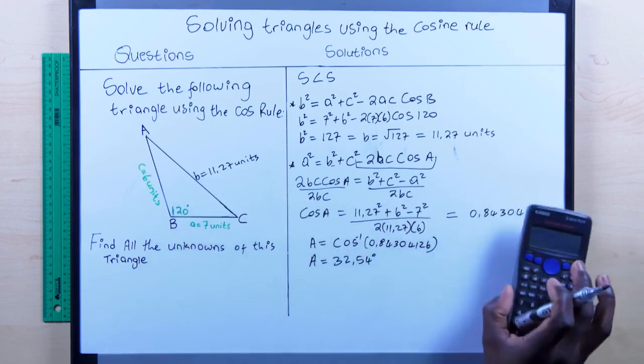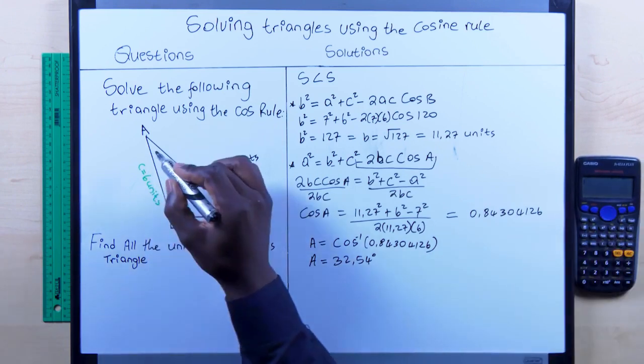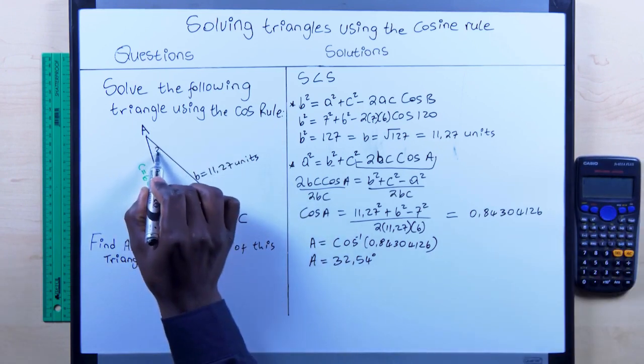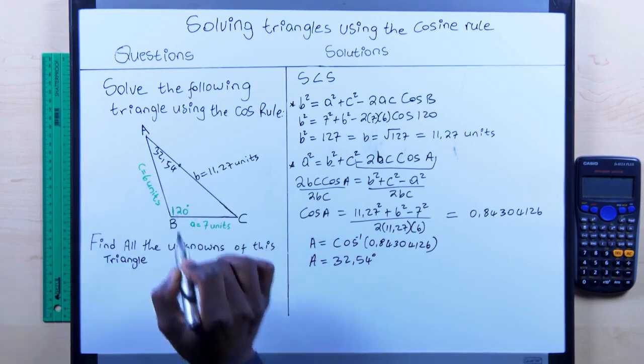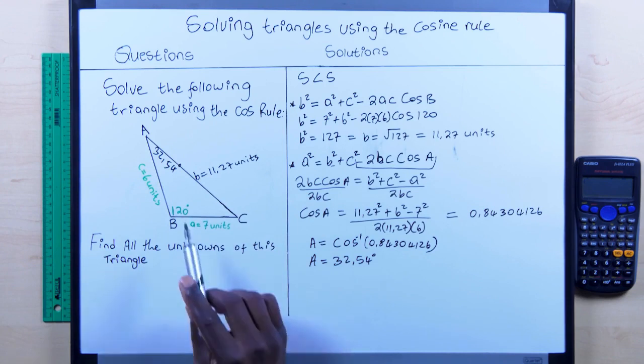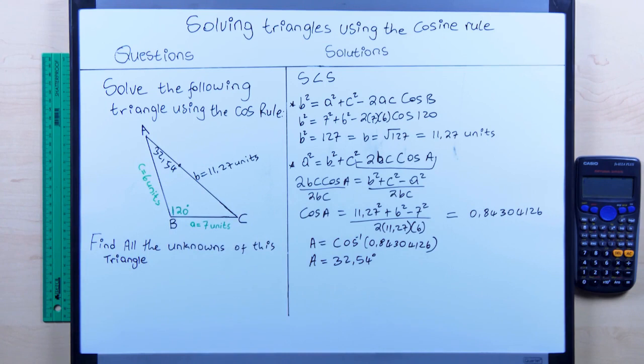So you have angle A as 32.54 degrees. What does it mean? It means that angle A plus angle B plus angle C should be equal to 180 degrees. Why? Because angles in a triangle sum up to 180.